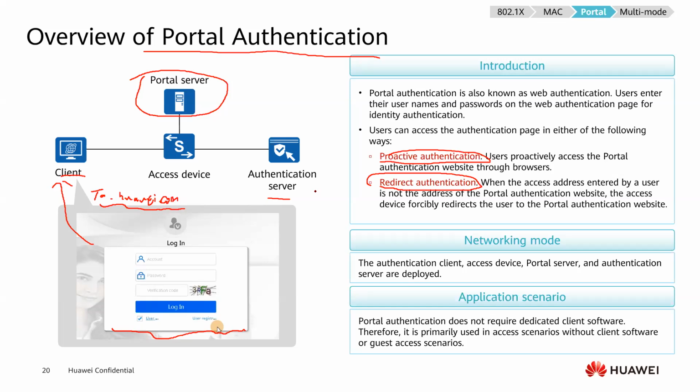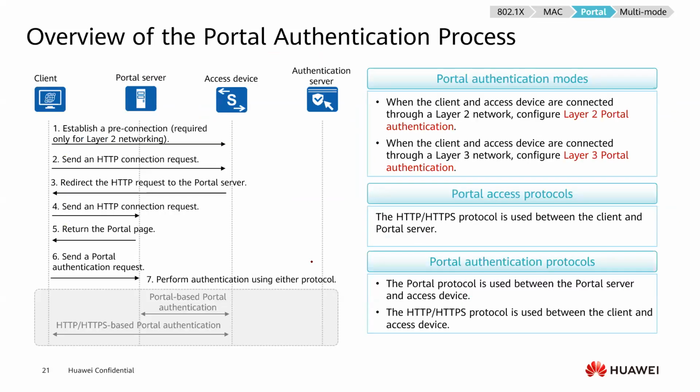When the guest uses a mobile phone to connect to the network, it can redirect to the web page to enter the password and then get to our enterprise network resources. Because this kind of authentication does not need any client software, it's useful for guests to access the resources. And this is the whole process for portal authentication.